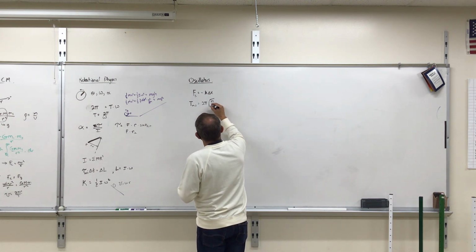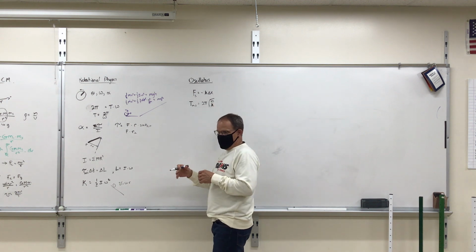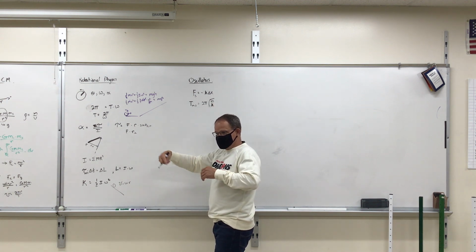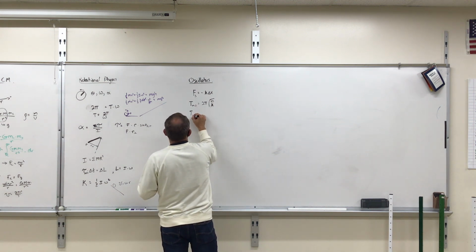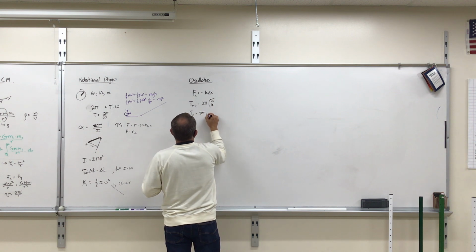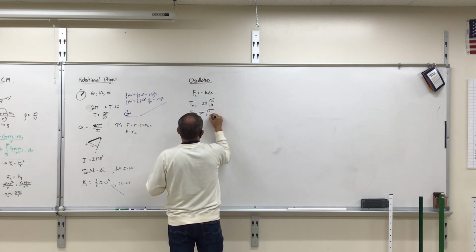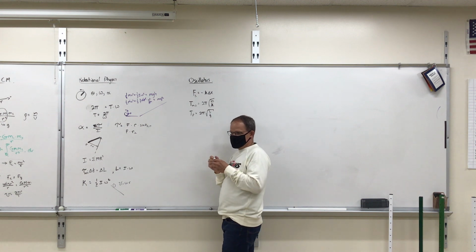You can show that for a pendulum, the restoring force is proportional to the mass and the length of the string. And so for a pendulum, you get 2 pi square root of L over g. The mass cancels.